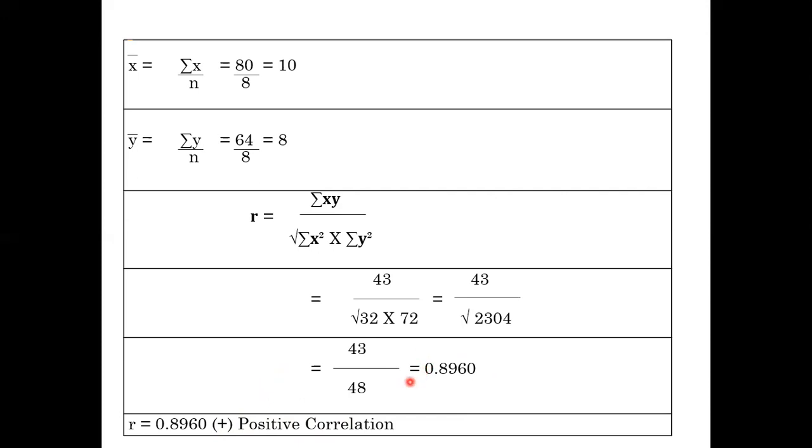So always after computing the correlation coefficient value, whether you get a plus value or a minus value, you have to write that it is positive correlation or negative correlation. So this is the formula for calculating the correlation coefficient, and after finding the values, if you put the values in the formula, you will get the correlation coefficient. This is important for Section C.